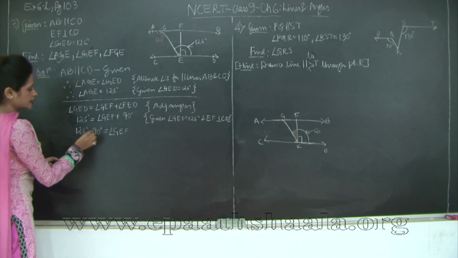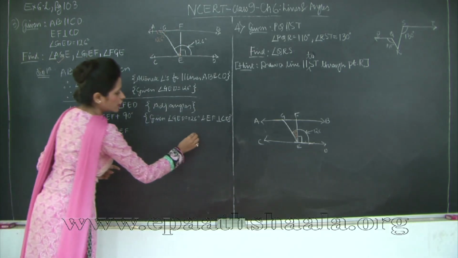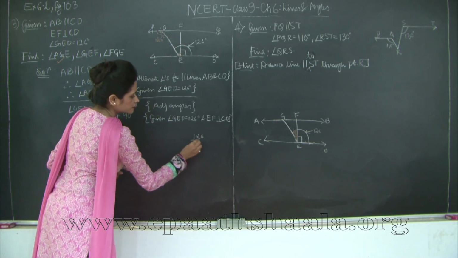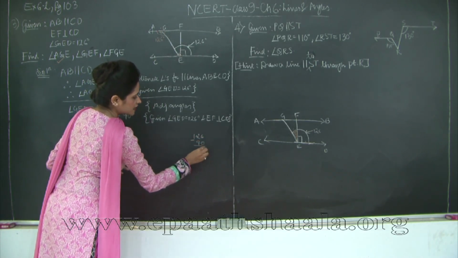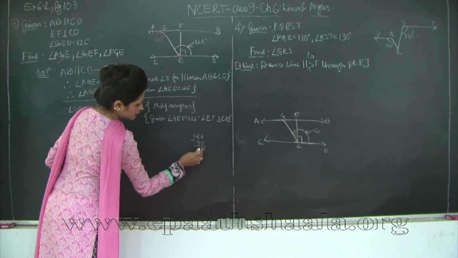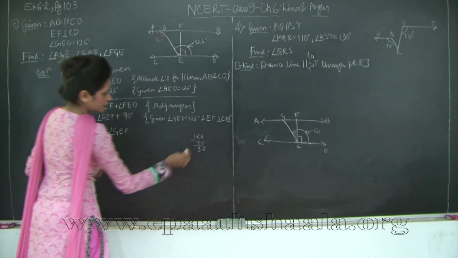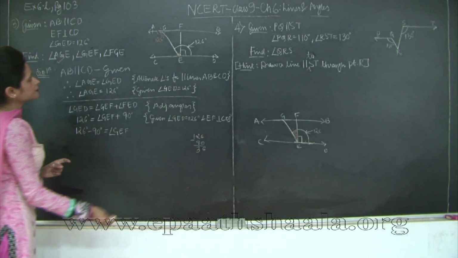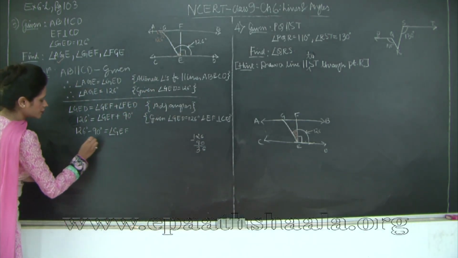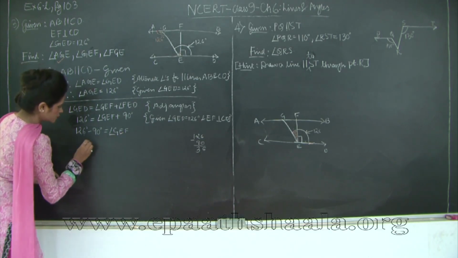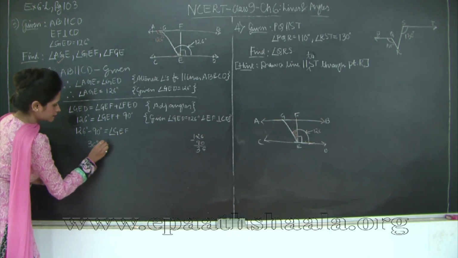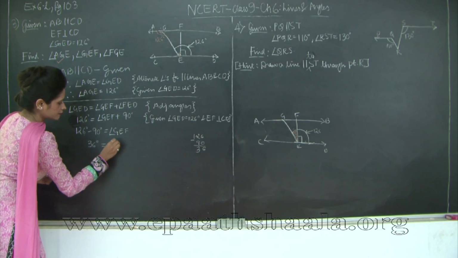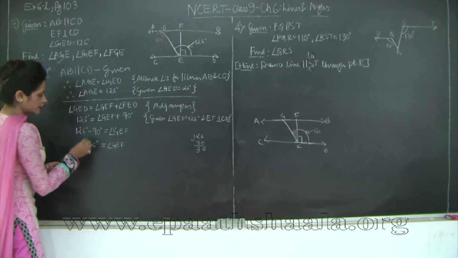Correct? So 126 degrees minus 90 degrees would be how much? Let's find out. It is 36 degrees. Therefore, angle GEF is equal to 36 degrees. Correct?